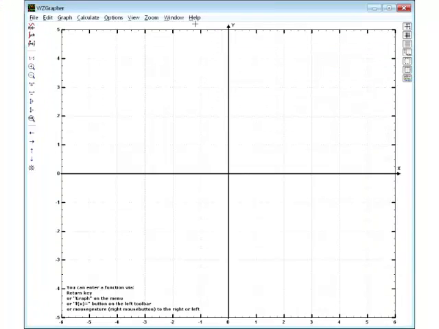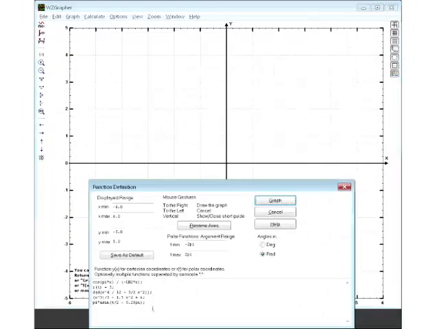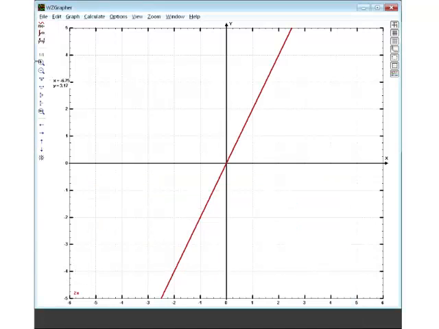So let's go and find the graphing program. So this is pretty straightforward. It's just a straight line going through the origin, and it looks like that.